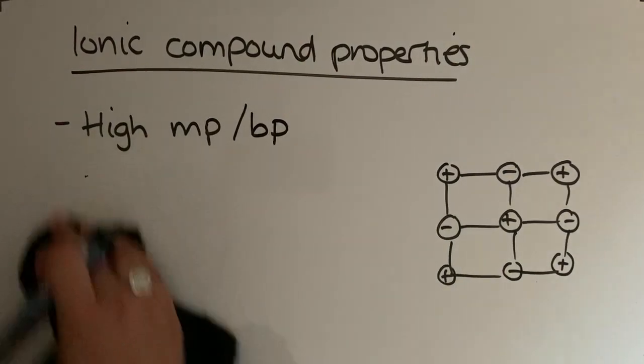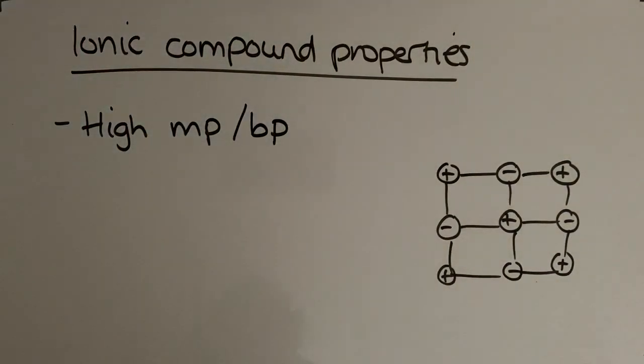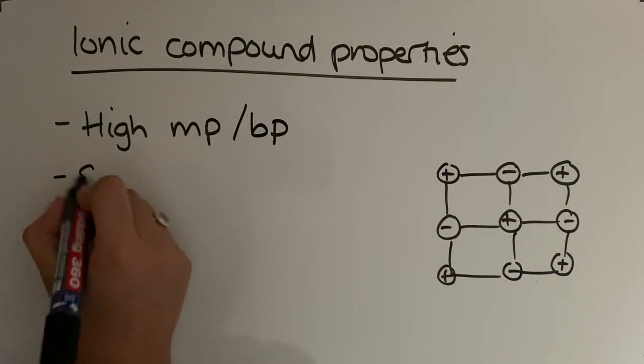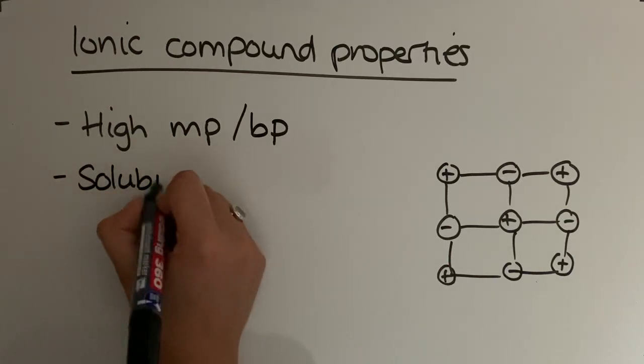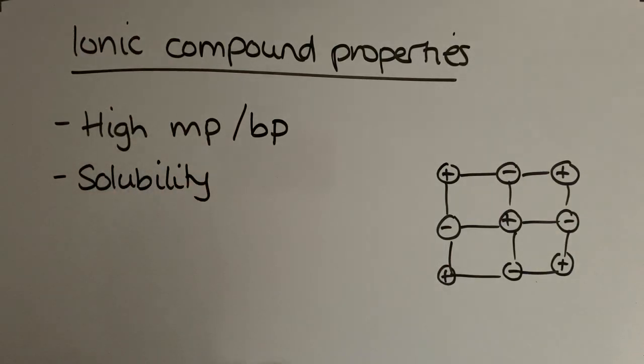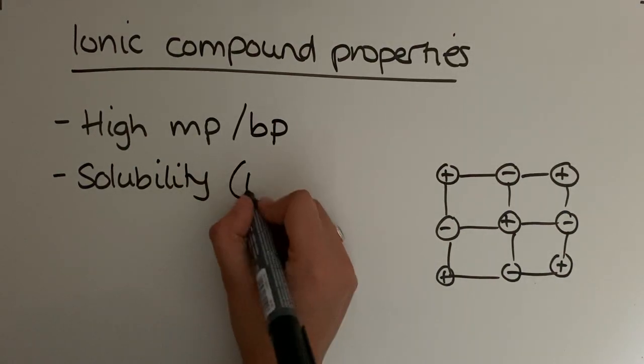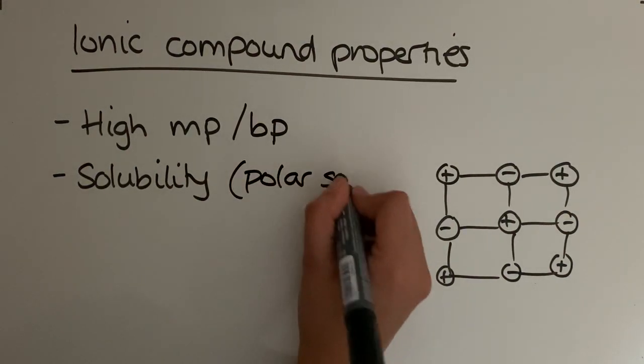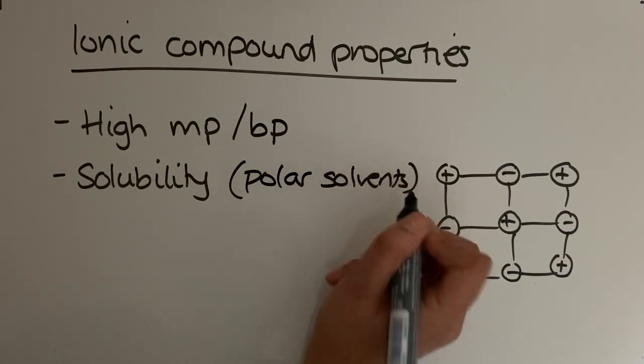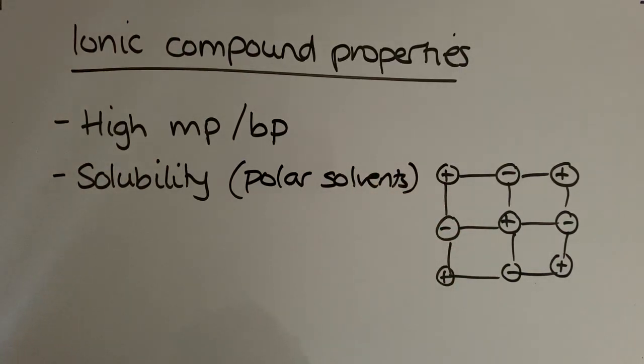Right, the other one that I want to address is solubility. Ionic compounds are soluble in polar solvents. By that I mean water. We will discuss polar compounds later, but water is an example of a polar solvent.